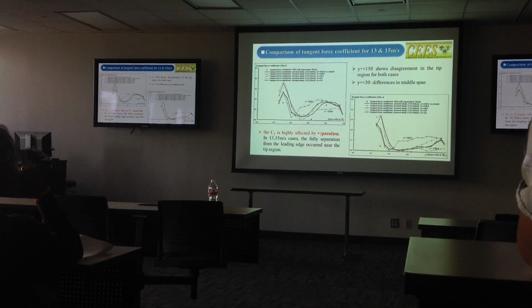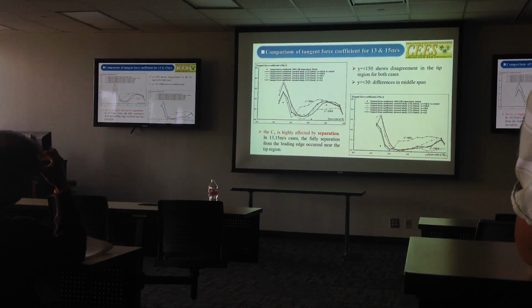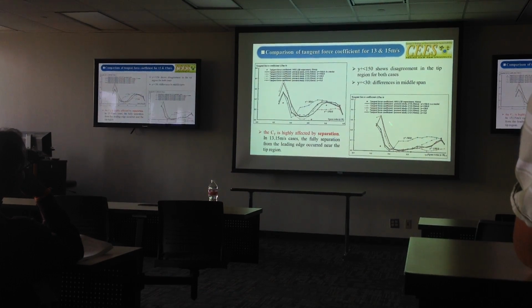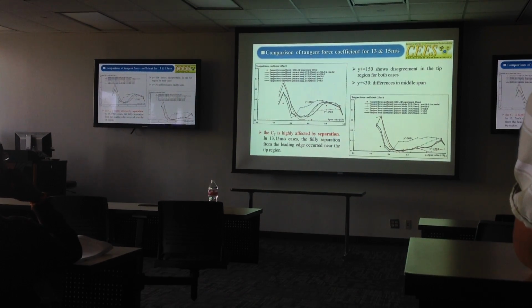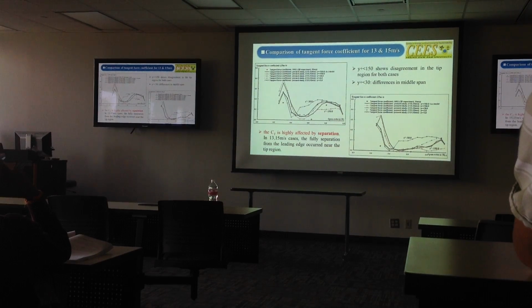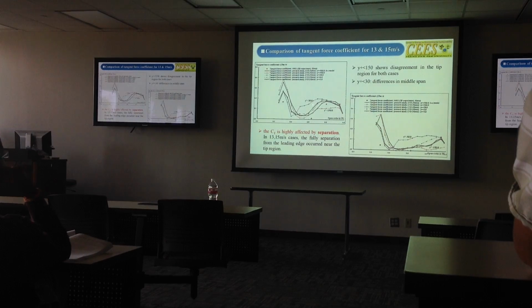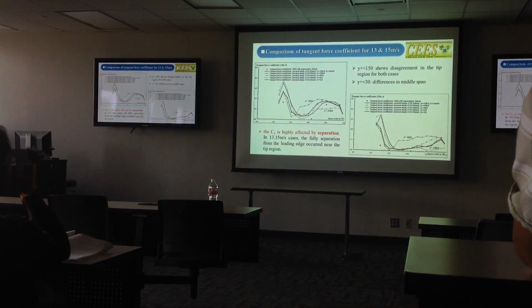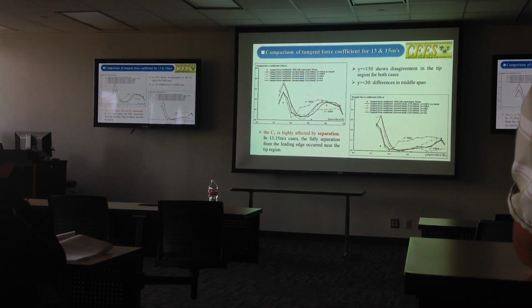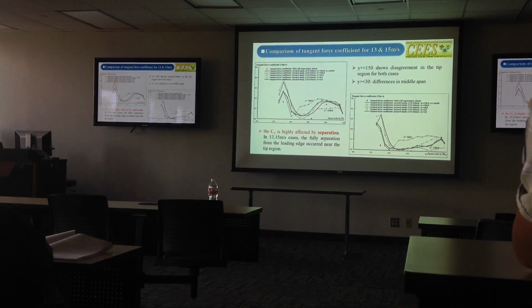The CT is highly affected by the separation, and for these two wind speed cases, 13 and 15, the separation at the section with the 20 degree angle of attack is located in the middle span and the tip region, which caused this mismatch.